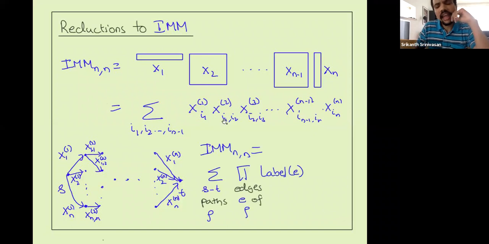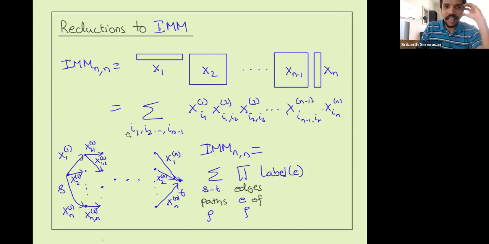When I do this, in terms of this directed graph, I can define the iterated matrix multiplication polynomial in a very nice combinatorial way. It can simply be defined as the sum over all paths from the source S to the target T, where for each path I take the product of the labels along the path.